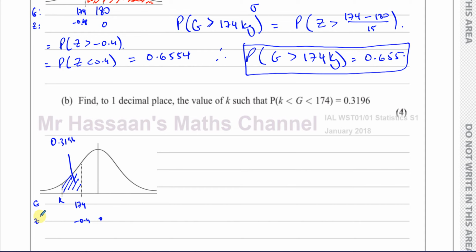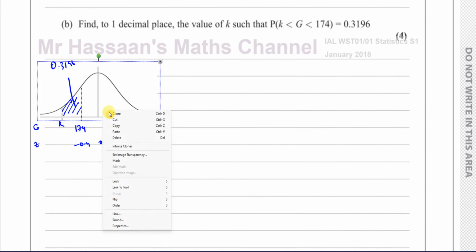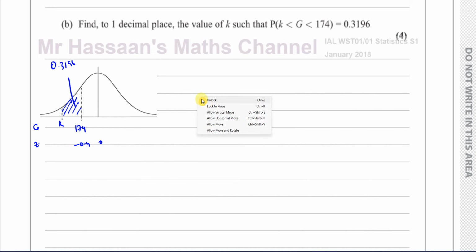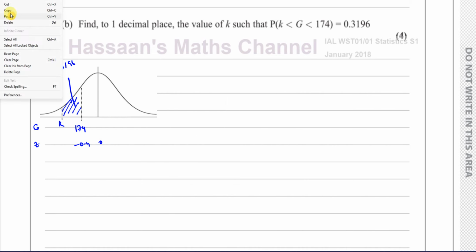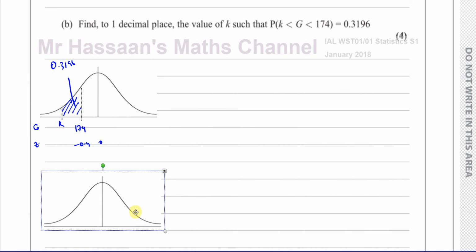So if we flip this around so that we think of it from the positive side, I'm thinking now of taking this as 0.4 over here, and then the K value would be over there, right?